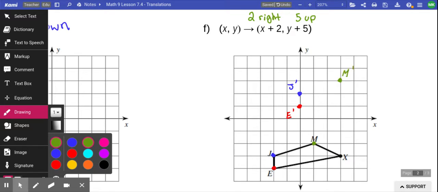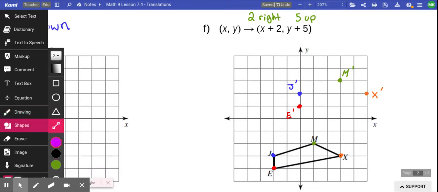And I'm going to do the same thing with X. So X prime should have been right there. So I've taken all the corners and I've moved them 2 to the right and 5 up. I then just have to connect the dots so that I have my new shape.